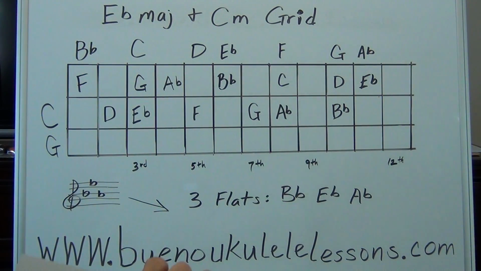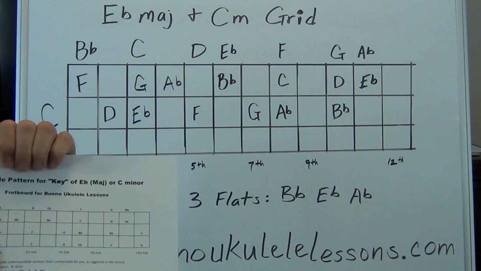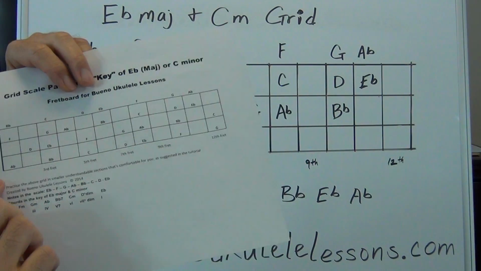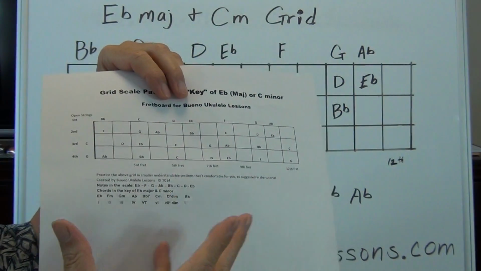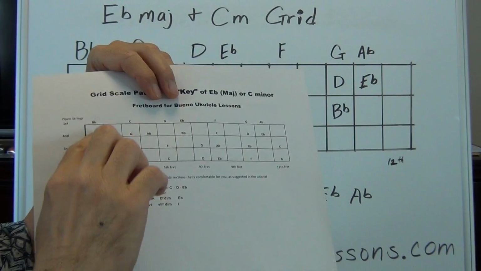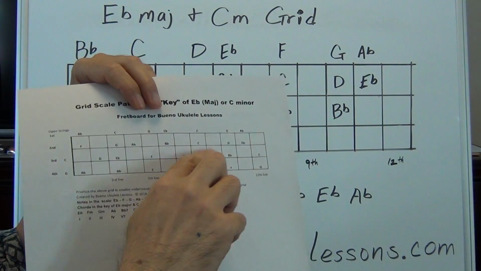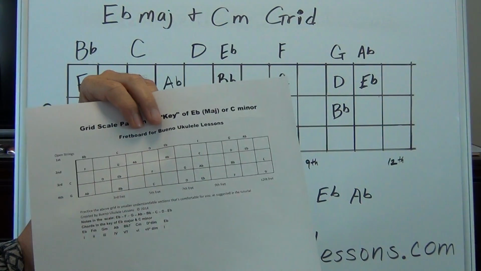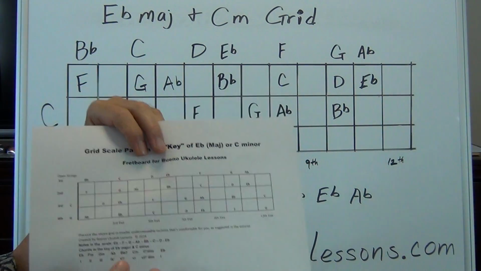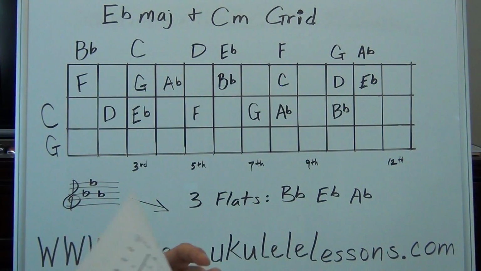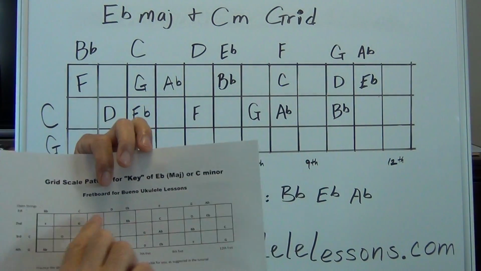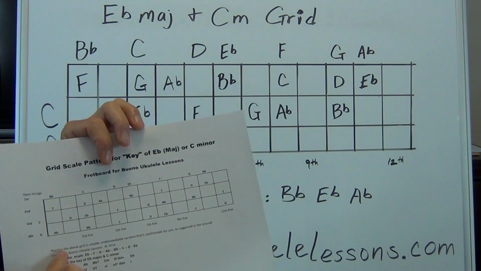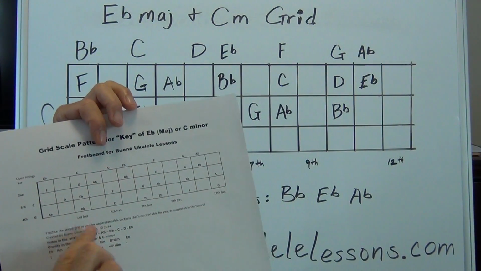Now, what's really important is that you have a good understanding about how the family of chords work and relate to each other, and how it works together in relationship to the grid. In other words, by using the family of chords from this key that we're talking about, E flat major, C minor, any one of these notes that you play are going to work when you're playing using these family of chords or some of the family of chords.